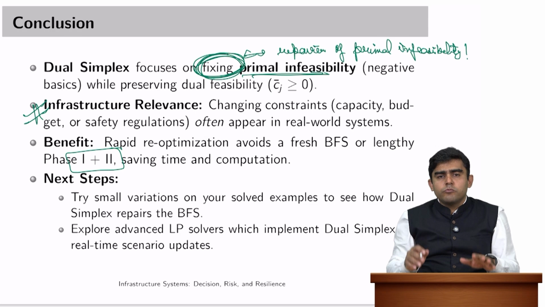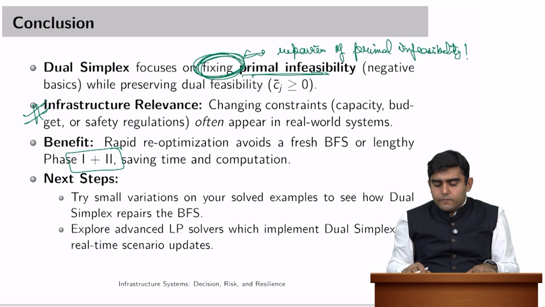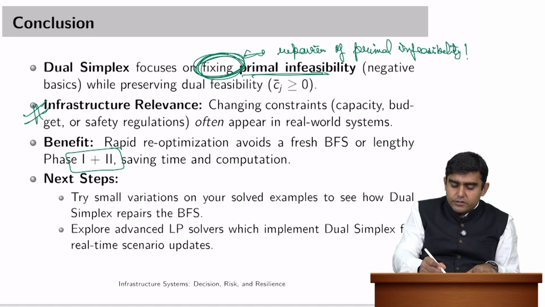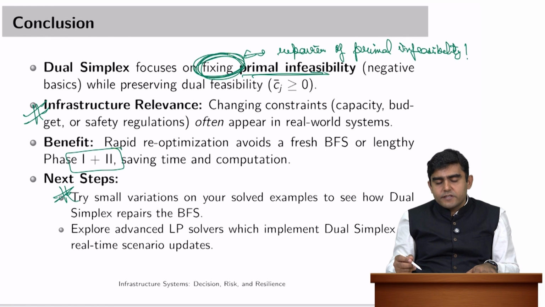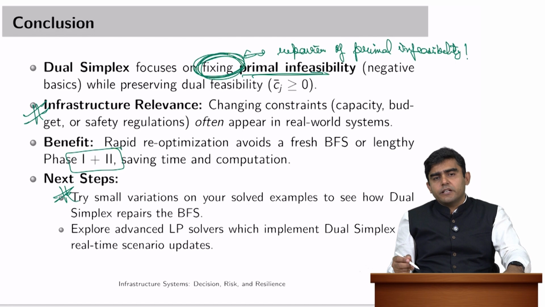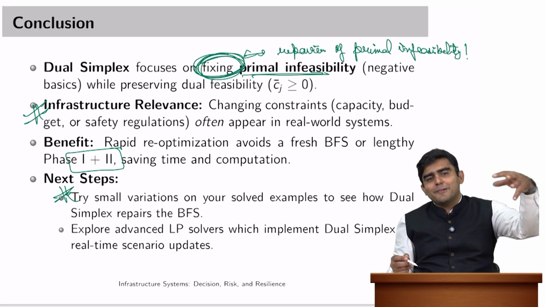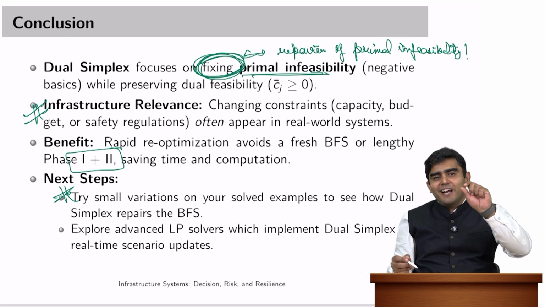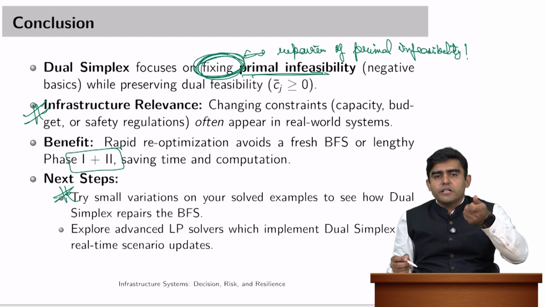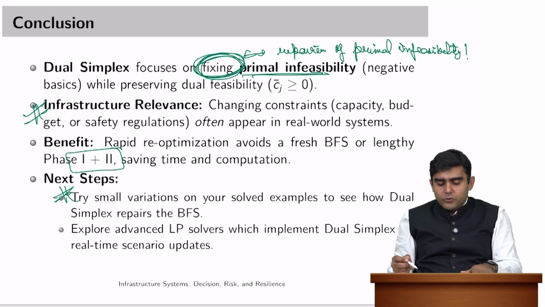Now here are two small exercises that you should definitely try on your own with some small examples of the dual simplex method. You may revisit the lectures on the primal simplex method and try to change certain resources, and see how your solution converges when you redo the entire primal simplex calculations versus when you do the dual simplex calculations from the last table that you made.